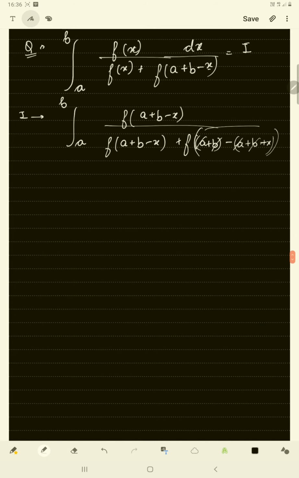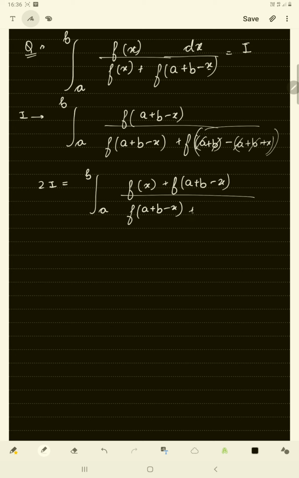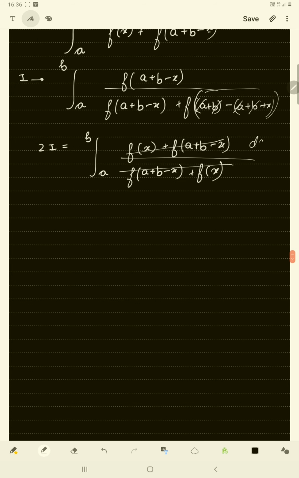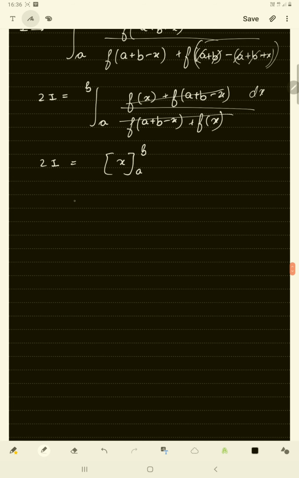Adding both of them, we get 2I equals the integral from a to b of f of x plus f of a plus b minus x upon f of a plus b minus x plus f of x. Both of them get cancelled out and we are just left with the integral of dx with limits a to b. So 2I equals b minus a, that is upper limit minus lower limit, so I equals b minus a upon 2. This is the value of I.